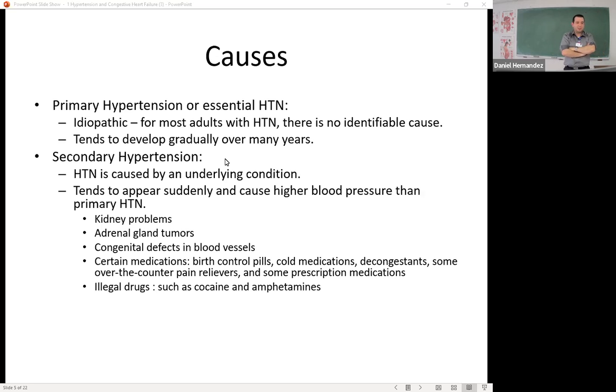There are certain medications that can affect blood pressure, like birth control pills, cold medications, nasal decongestants, some over-the-counter pain relievers. You also have to remember there are illicit drugs that patients could be on, such as cocaine or amphetamines, that can cause hypertensive emergencies.